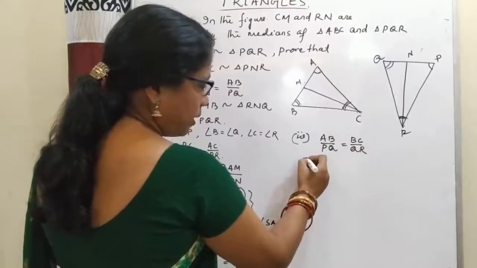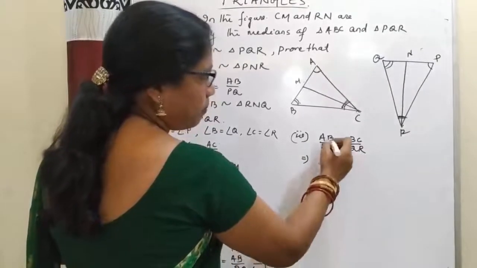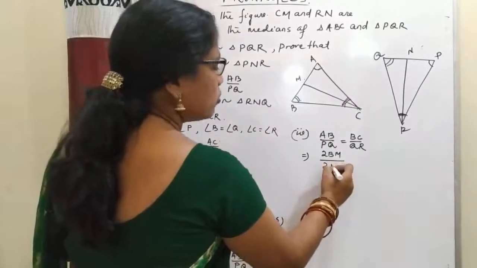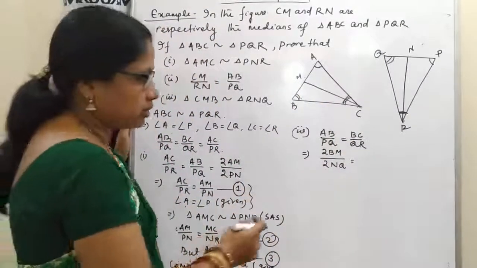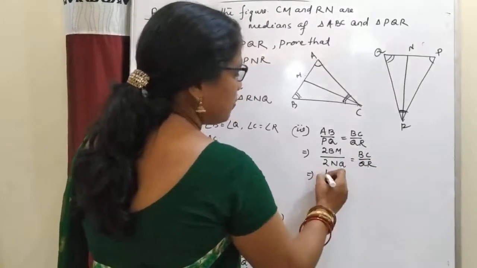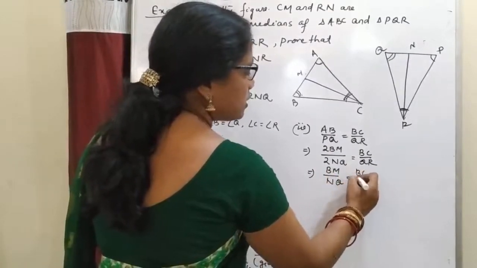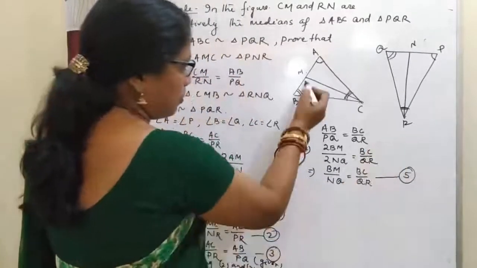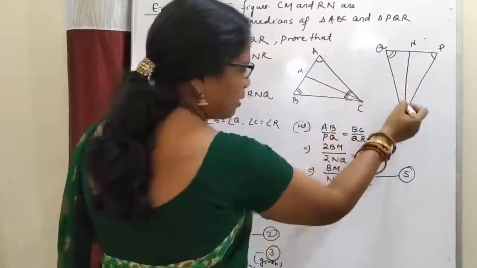In place of AB, I can write 2BM, and in place of PQ, I can write 2NQ, because CM and RN are the medians, is equal to BC by QR. So this implies BM by NQ is equal to BC by QR. This is our equation 5.